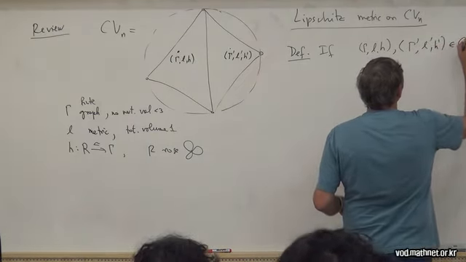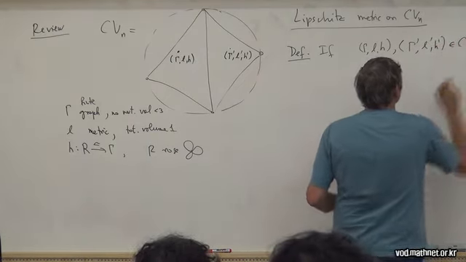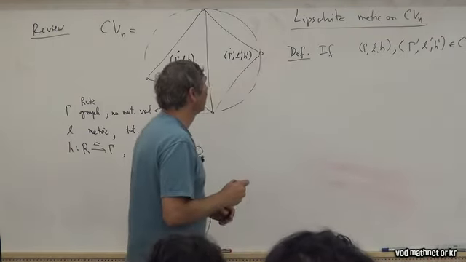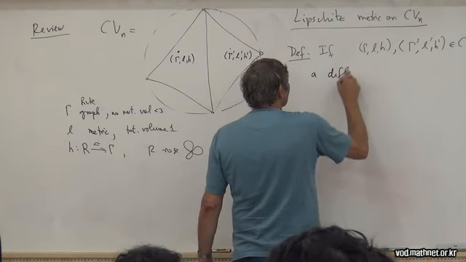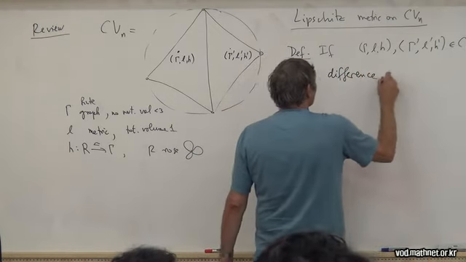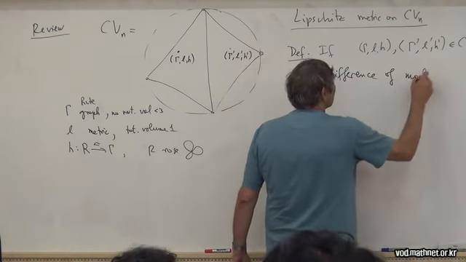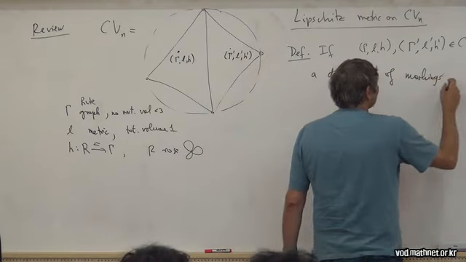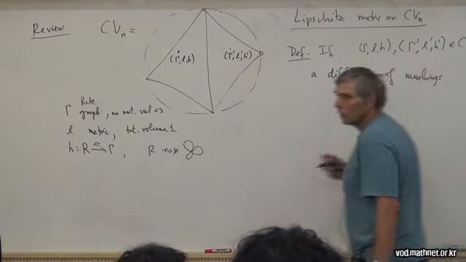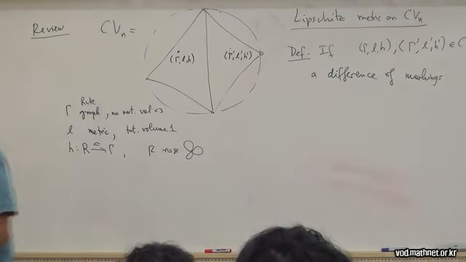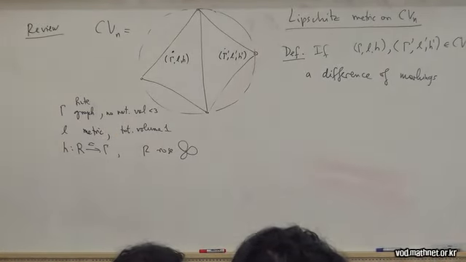If you have two points in CV_n, a difference of markings, I don't know, what should we call it? I hate to call everything F. What did I call it in the notes? Phi.